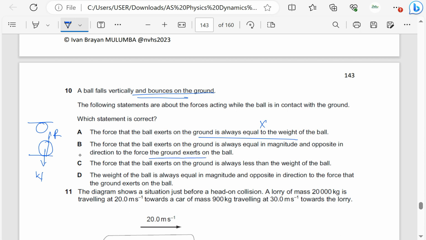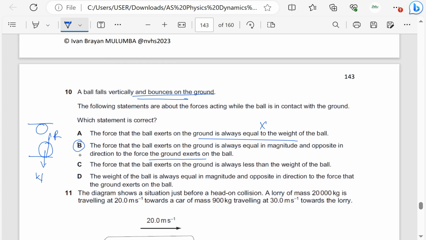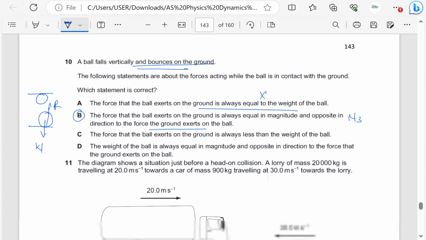This makes sense because they're in opposite directions. It's not always equal to the weight of the ball, but the force that the ball exerts on the ground is always equal in magnitude and opposite in direction to the force the ground exerts on the ball. This is Newton's third law. So the answer is automatically B, according to Newton's third law.